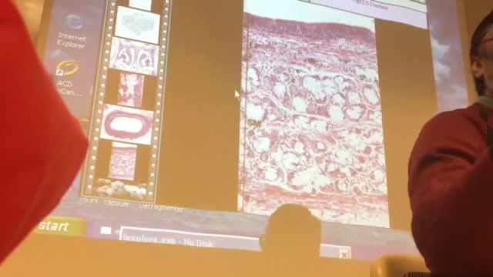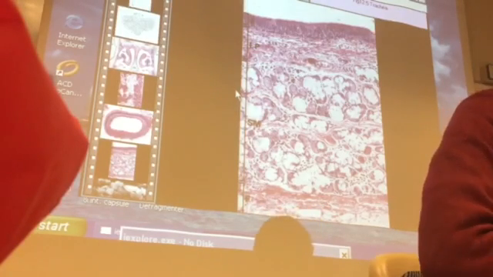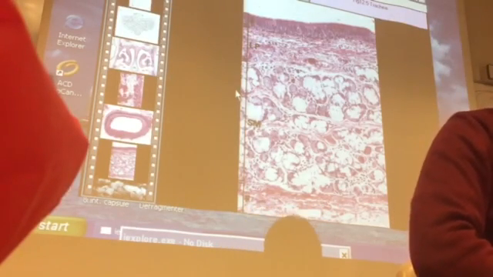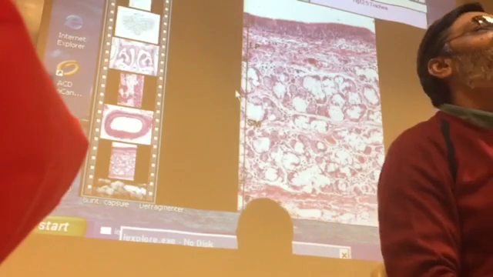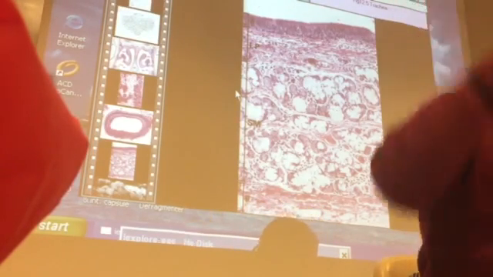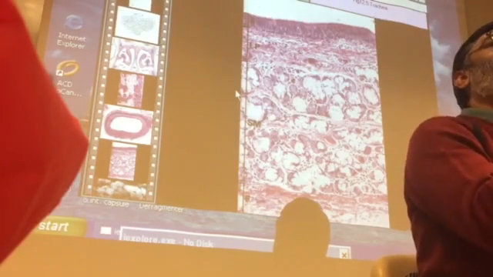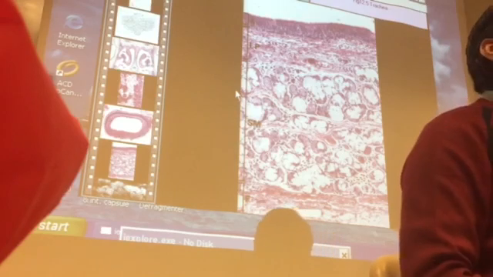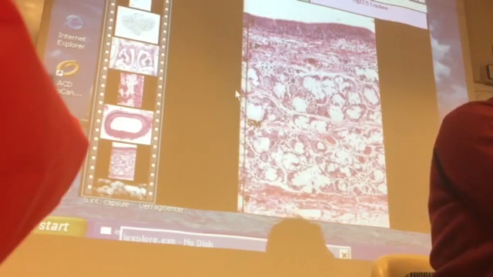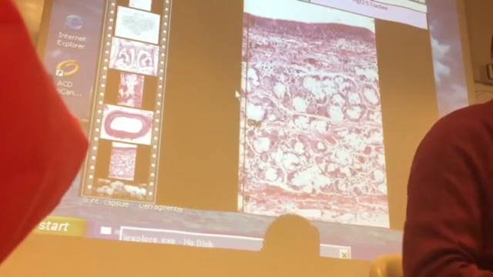This is the complete name. So what type of epithelium is pseudo-stratified? You can see the cells of different lengths. That's why we say pseudo. It looks like stratified, but actually it is not stratified. It is simple, but looks like stratified.